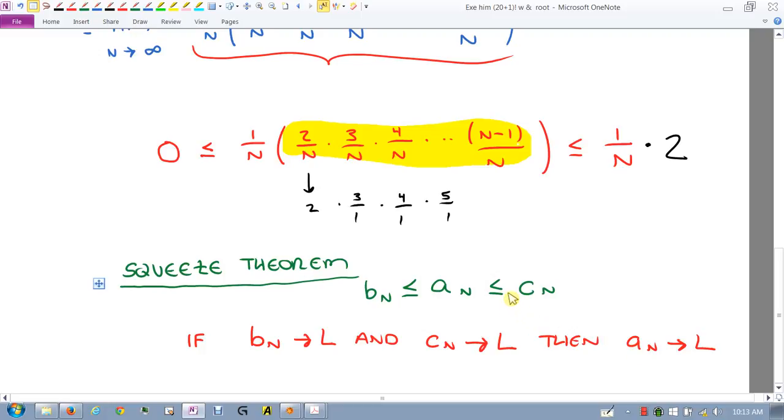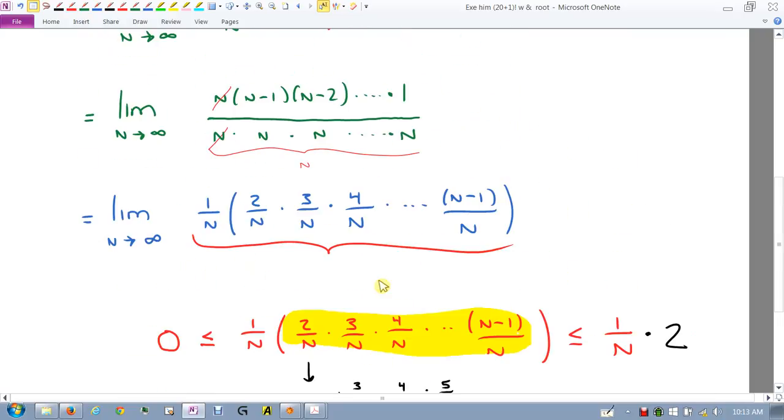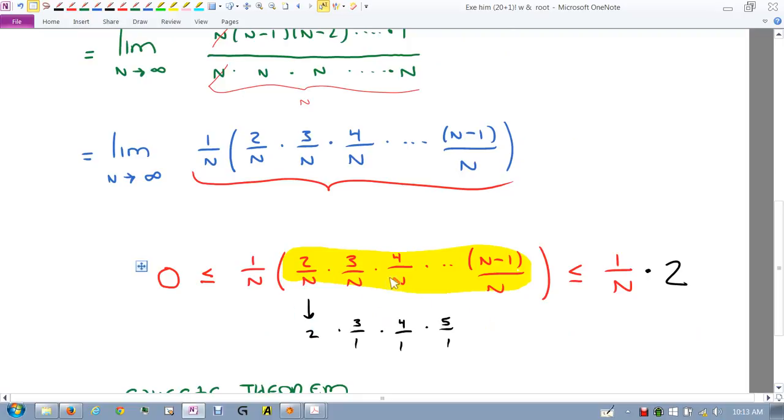So what do y'all think? This makes sense, right? But is this inequality up here true? Because I'm trying to squeeze it.